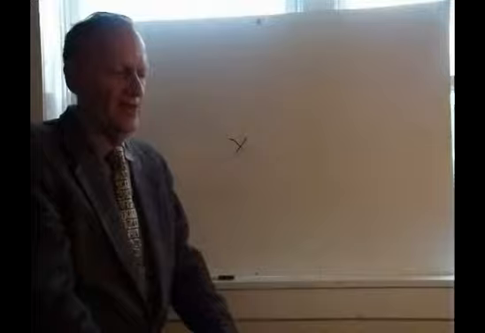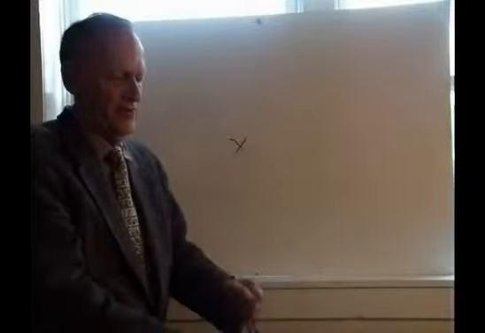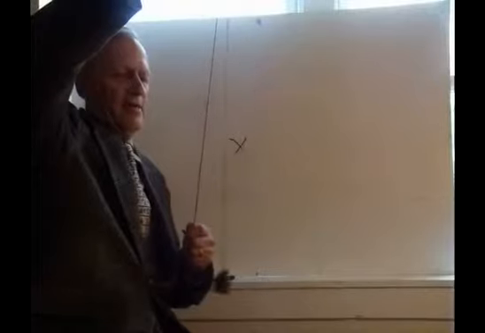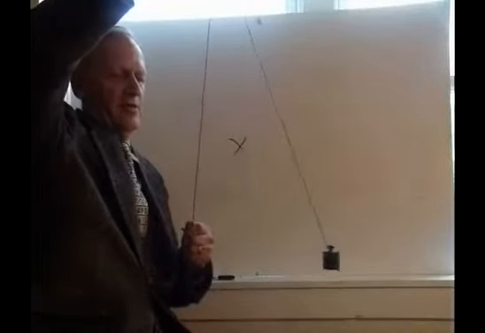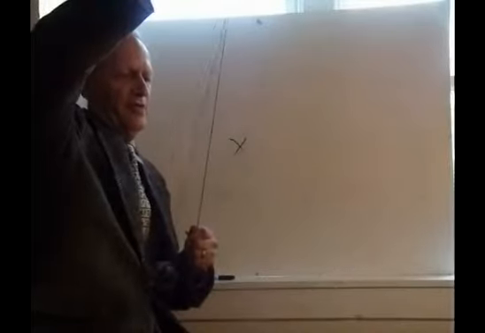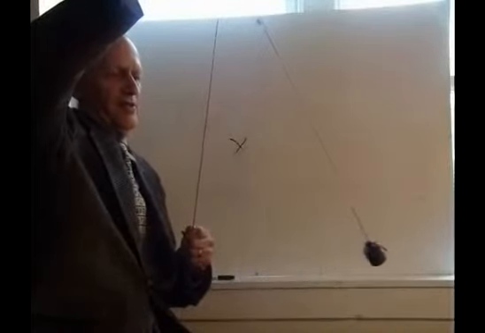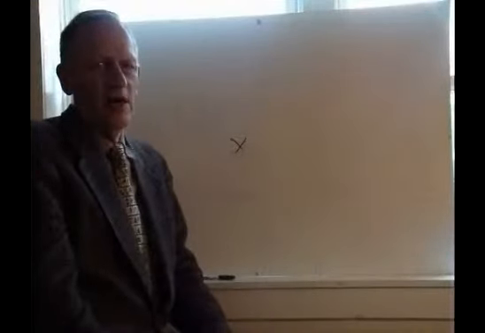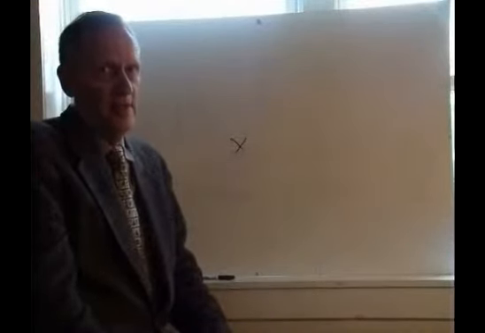And he found that it is not really a circular arc that has the perfect period that is not dependent on the amplitude. It's a different type of arc called a cycloid, which is a bit different.